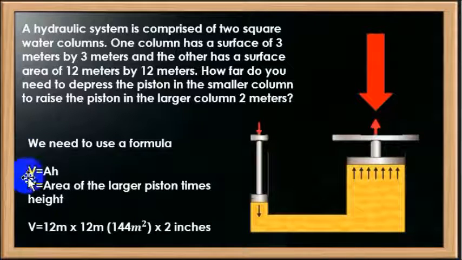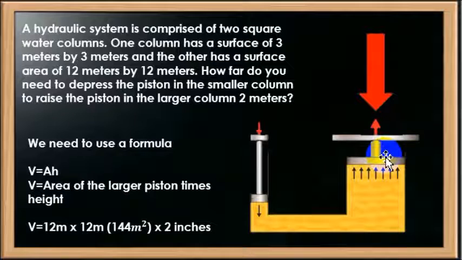Alright, so we're looking at the larger piston, and like I said, the volume's never going to change. 12 times 12 is 144 square meters, times 2 meters. The question is asking how far this piston has to be pressed in order to move this one 2 meters, so we have to look at the volume and the distance.